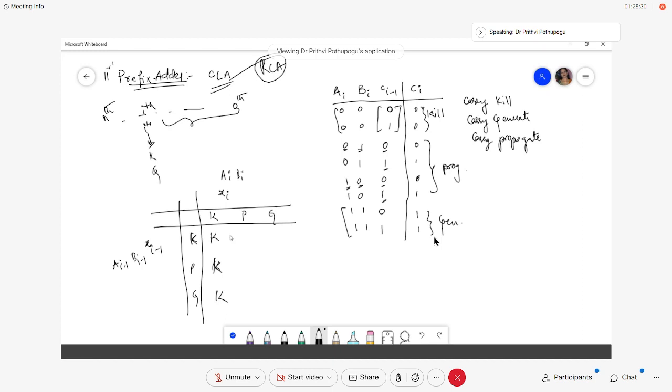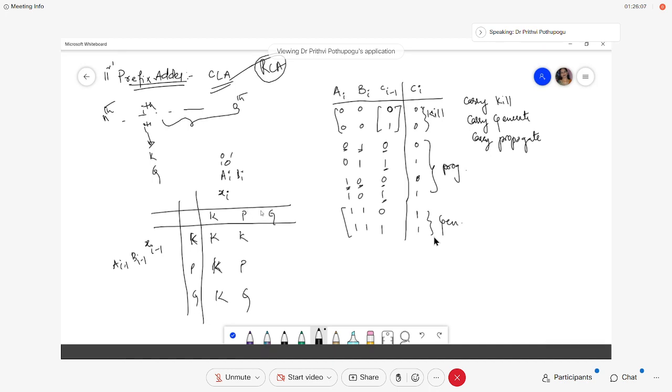If the present bits are propagating, that means the 0, 1 or 1, 0 condition is there. Now, if the previous stage value is kill, then obviously this will be kill, because the one that is getting propagated is kill. If the previous value is propagate, that will be propagated as it is. And if the previous is generate, then the propagation will be the generated value of the previous stage.